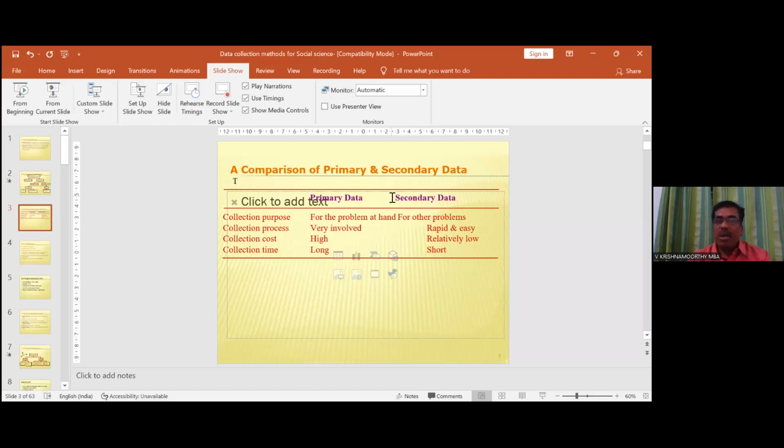You can join any higher level institution; almost all higher level institutions have subscribed to PROWESS or some other online database. You can be a member by paying 1,000 or 2,000 rupees, and then you can get the secondary data. It's not a problem. Another important thing, collection time. For primary data it's long. For secondary data, it's very short. So that is the time involved.